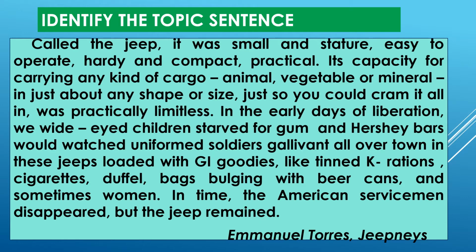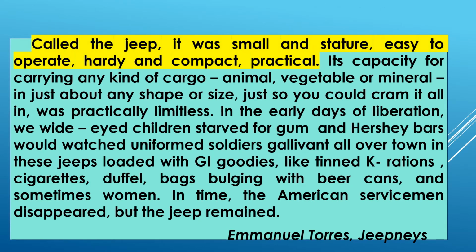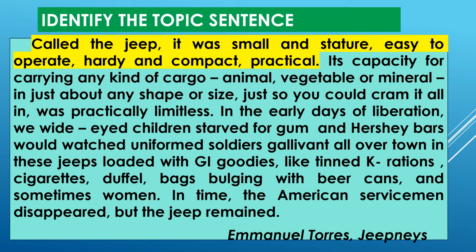Identify the topic sentence. For this paragraph, the topic sentence is located in the first sentence. Called the Jeep, it was small in stature, easy to operate, hardy and compact, practical.